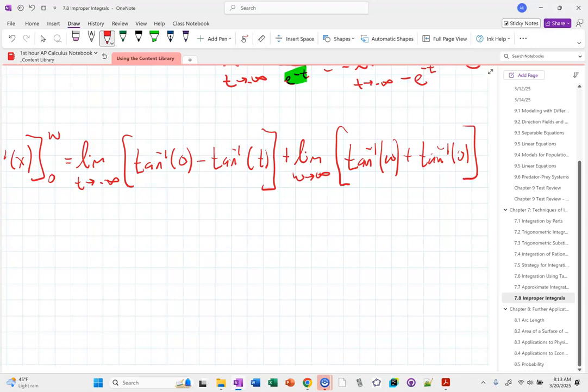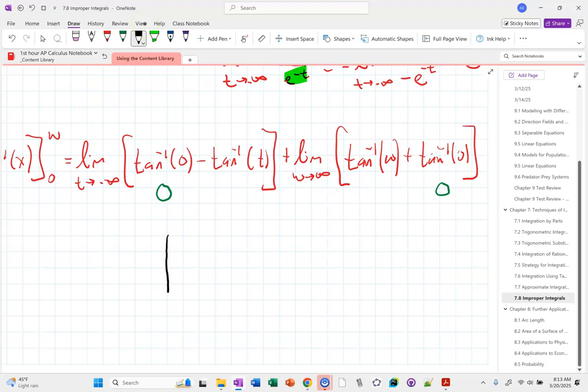Everybody feel so far so good? So tan inverse of 0, that's just 0, right? And the limit of 0 is just 0. So far so good?